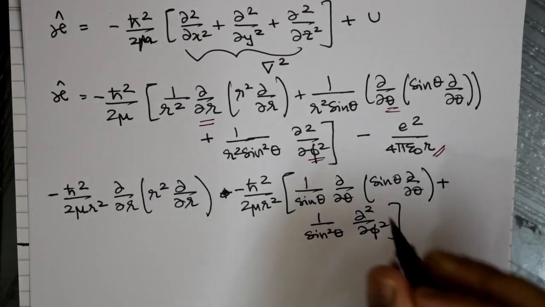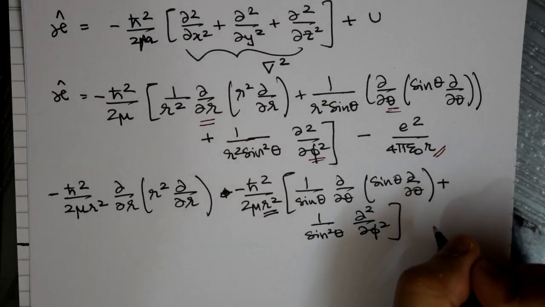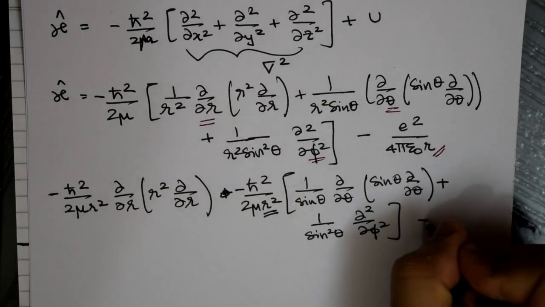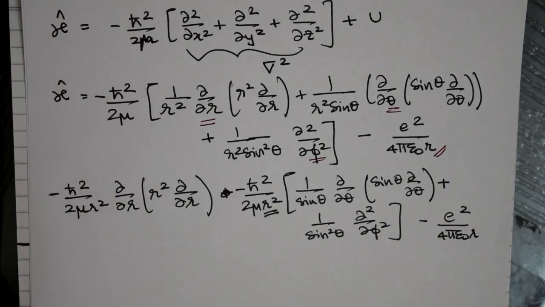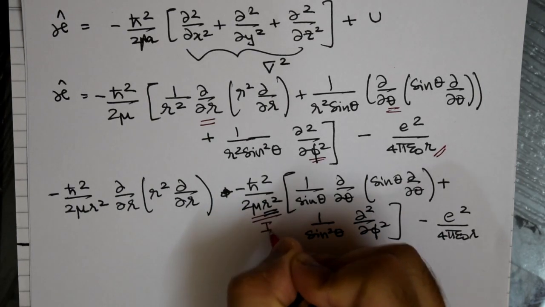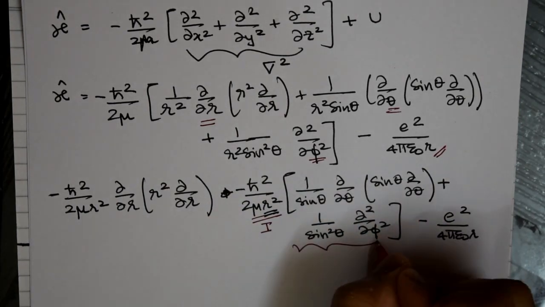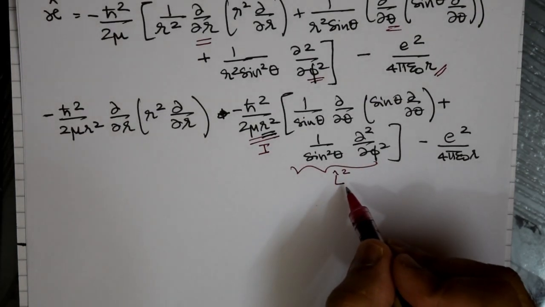The r square is taken out here, so therefore you do not have it. Then minus e square by 4 pi epsilon naught r. If one is able to realize, this will become the moment of inertia I, and this entire component is nothing but L square that we have seen for the rigid rotor problem.